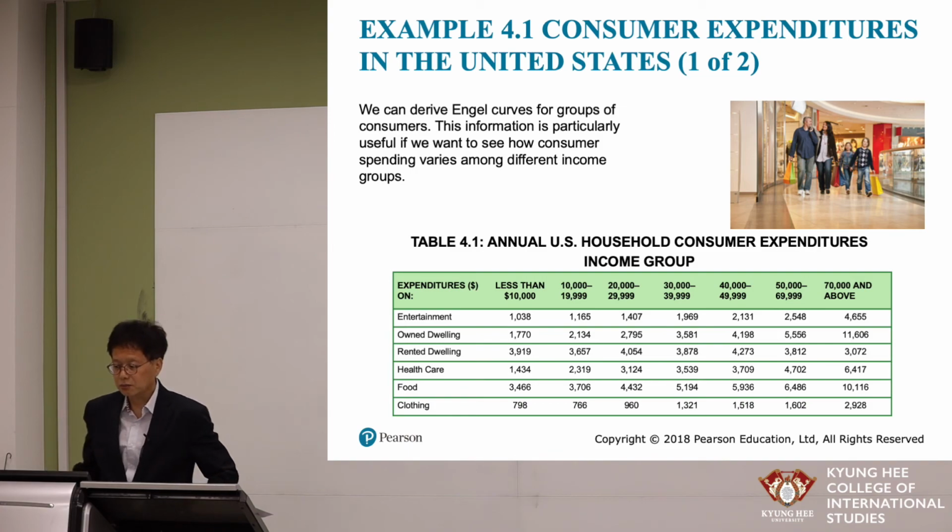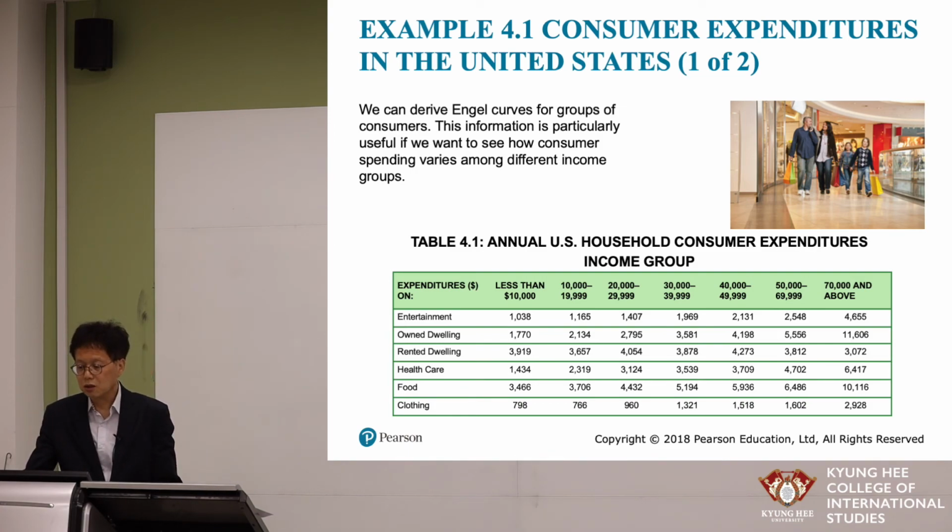Okay, example 4.1. Consumers' expenditures in the United States. We can derive Engel curves for groups of consumers. This information is particularly useful if we want to see how consumer spending changes among different income groups, right?